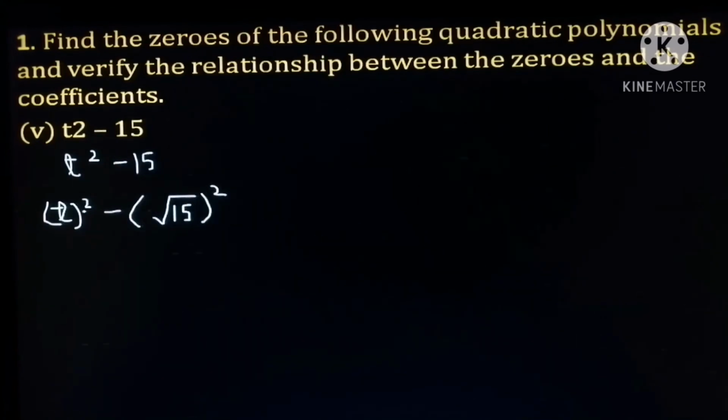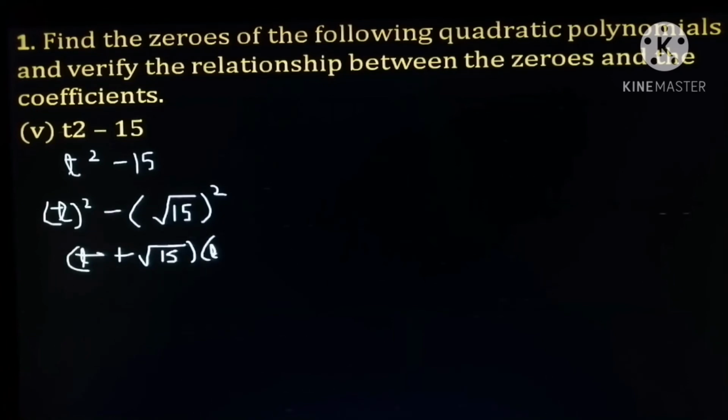Now as you can see, it's in the form of a square minus b square, that will be equal to a plus b into a minus b. So this is equal to t plus under root 15 into t minus under root 15. So these are your two factors.